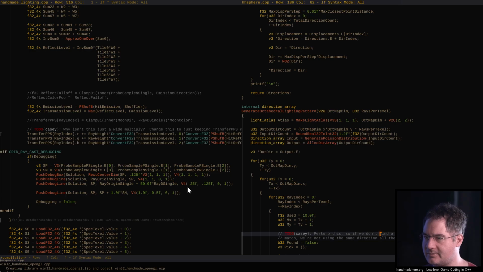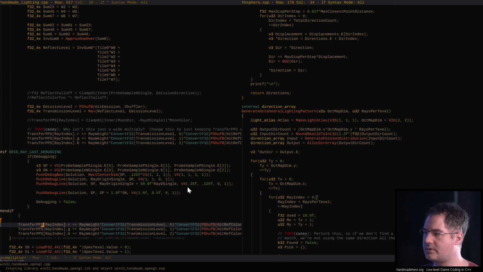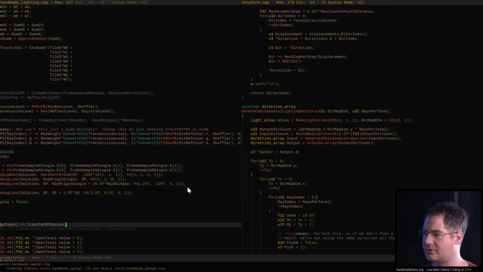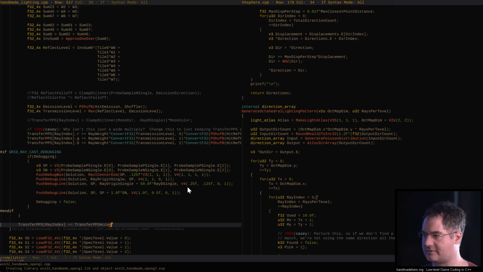And by the way, we need to make sure that this is actually looped this way. Yeah, it is. What we need to do here is say that transfer PPS is going to be summed by an accumulator. Whichever texel we're on right now, we're going to have a transfer PPS accumulator, which is just one vector that we sum into over and over for each ray, and then the texel index that we are advancing across is going to pick out which transfer PPS value we're actually targeting. So these right here are going to be transfer PPS accum, like so.